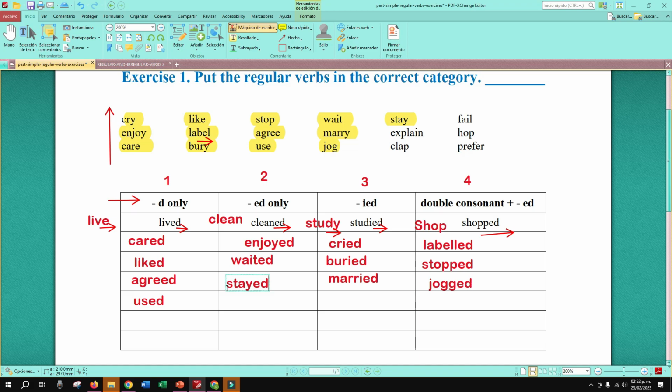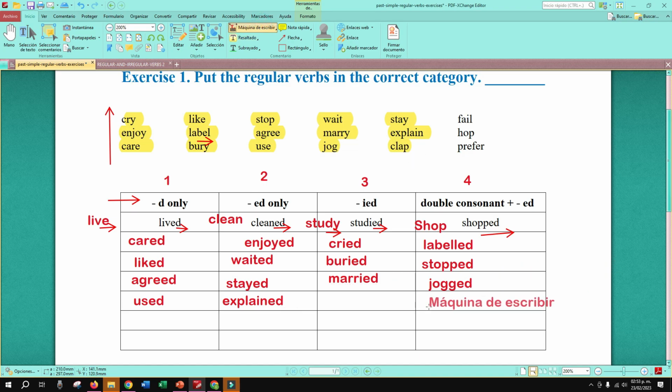Let's see the other. Explain. Two. Two. Are you sure? Explain? Yes. That is in number two. Explained. Oh, yeah. ED. Explain. Right. Good. So, what about clap? You know, clap? Four.